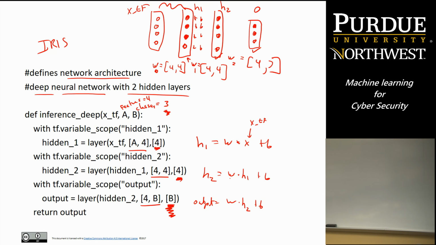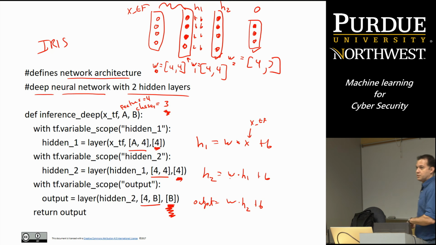Then you do hidden 2 with layer, which takes the input of hidden 1 and the dimensions, and then the last one, output the variable here, and that produces this output as well. So hidden 2 through layer goes to output.